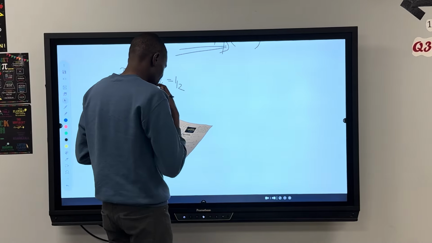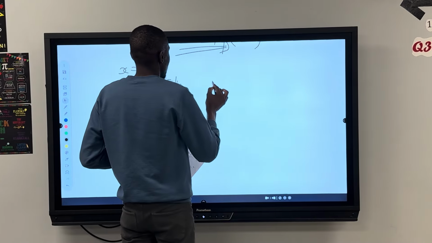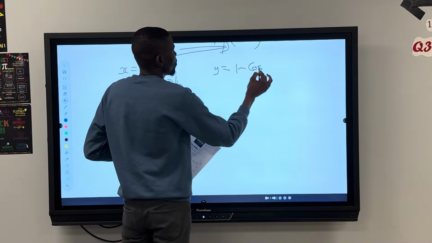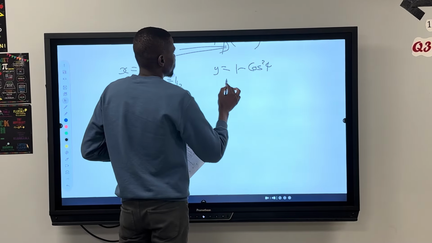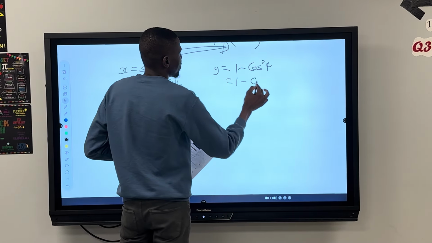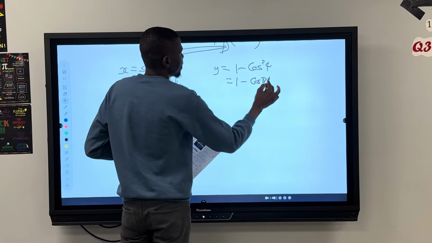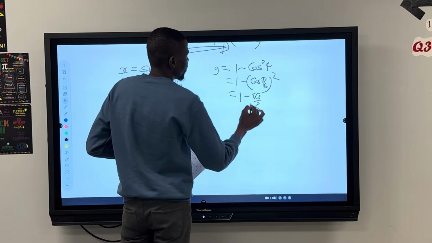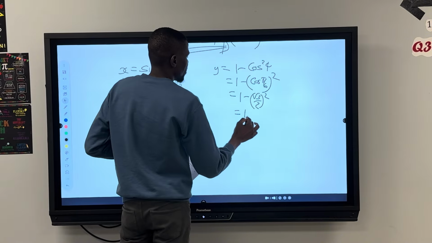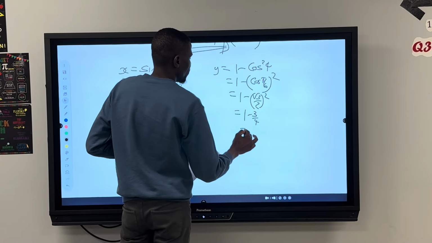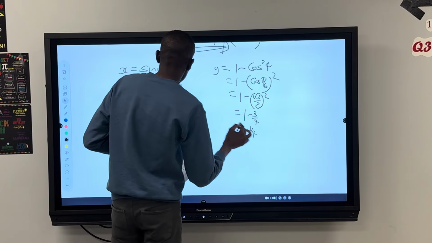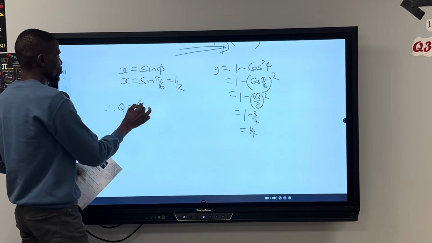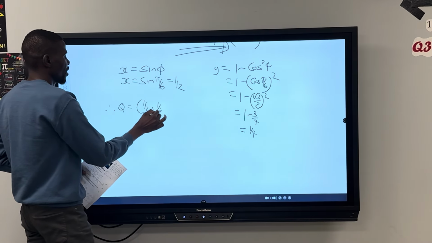Then we do the same here. Y is equal to 1 minus cos squared phi. So it's equal to 1 minus cos pi over 6 squared, which is 1 minus root 3 over 2 squared, which is 1 minus 3 over 4, which is a quarter.